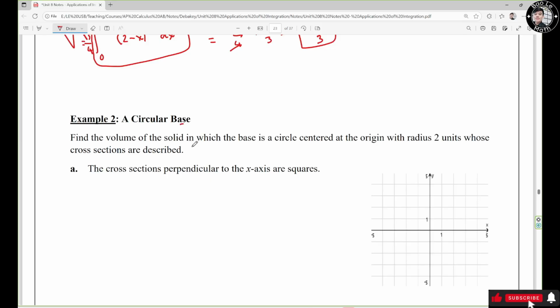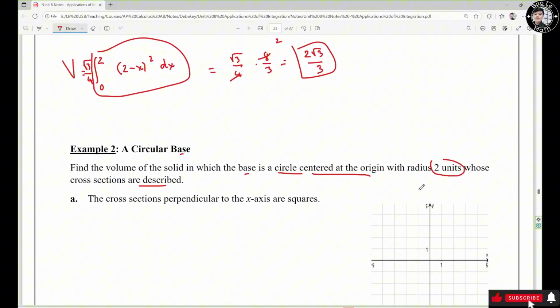Find the volume of the solid in which the base is the circle, center at the origin with the radius 2 units, whose cross sections are described right here. Alright, so first you need to write the equation of the circle with the radius 2, center at the origin, right? We have the standard form of the circle equation.